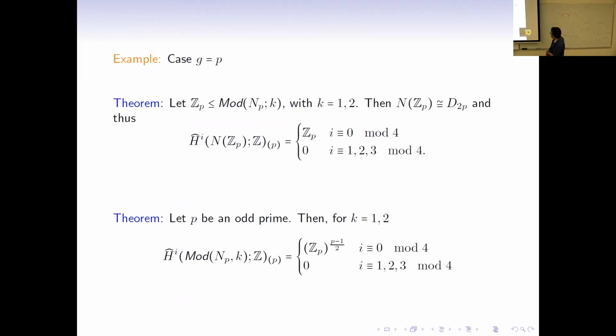Then the normalizer of this Z/p can be shown to be the dihedral group of order 2p, whose cohomology is very well known. Thus, by Brown's formula, the Farrell cohomology of the mapping class group of a genus p surface with k marked points is given by this formula, at least for k equal to 1 or 2. That's probably what I wanted to say.